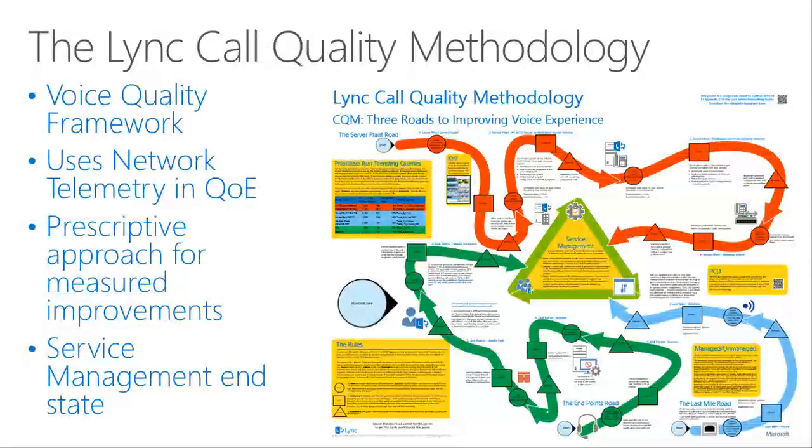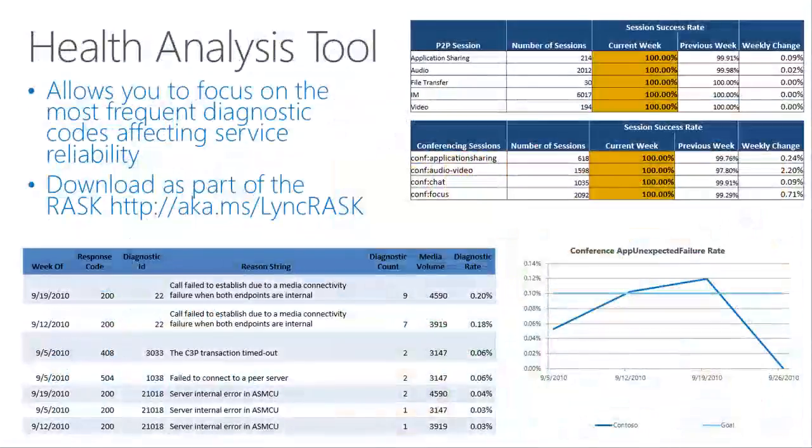Okay. Next one. The next thing is a health analysis tool. And this is something that we shipped with originally the Pilot Success Kit that's been rebranded as the Rollout and Adoption Success Kit. We refer to it as RASC. When you're looking at your environment, a lot of people tend to focus just on call quality. But you also want to understand what your service reliability is and what are those things that are most impacting your user's experience.